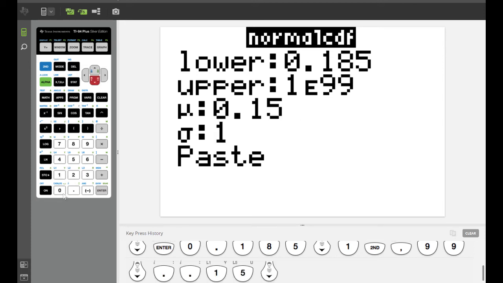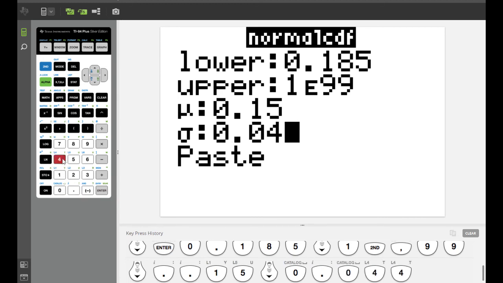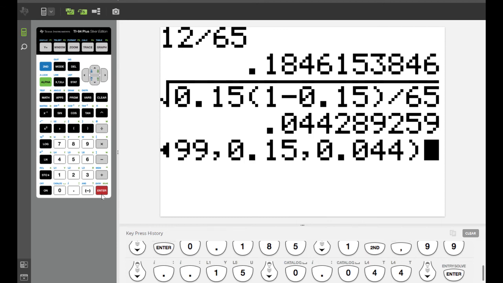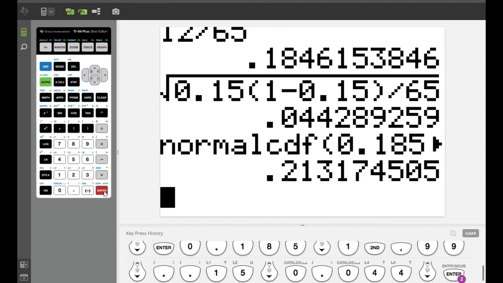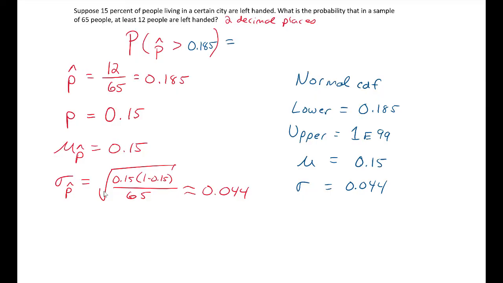And our standard error was 0.044. Okay, let's paste that. Let's calculate the probability, and we get 0.213. And to 2 decimal places, that will give us an answer of 21%.